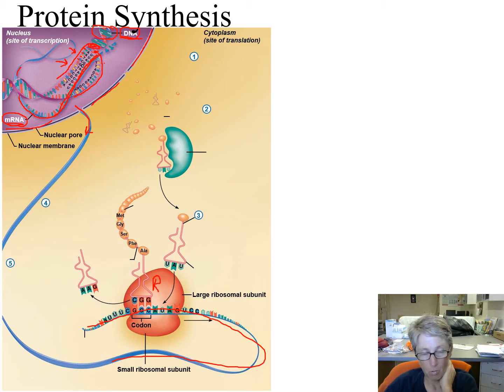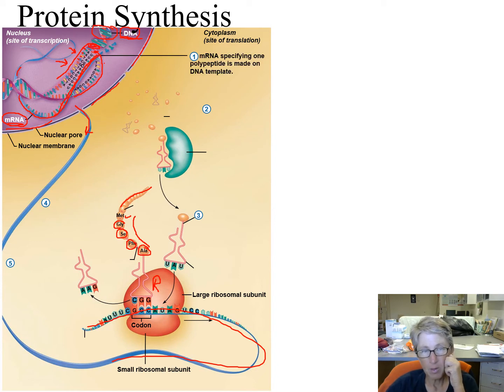And here's your growing protein chain. So these are the amino acids that make up the growing protein chain. So alanine, phenylalanine, serine, glycine, and methionine. And then all these others are not named here in this cartoon. And it's quite a complicated process, so we'll go through it kind of one step at a time.